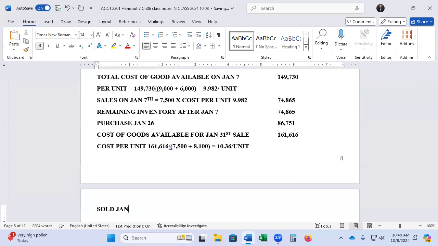So then we sold on January 31st, 11,100 times 10.36.